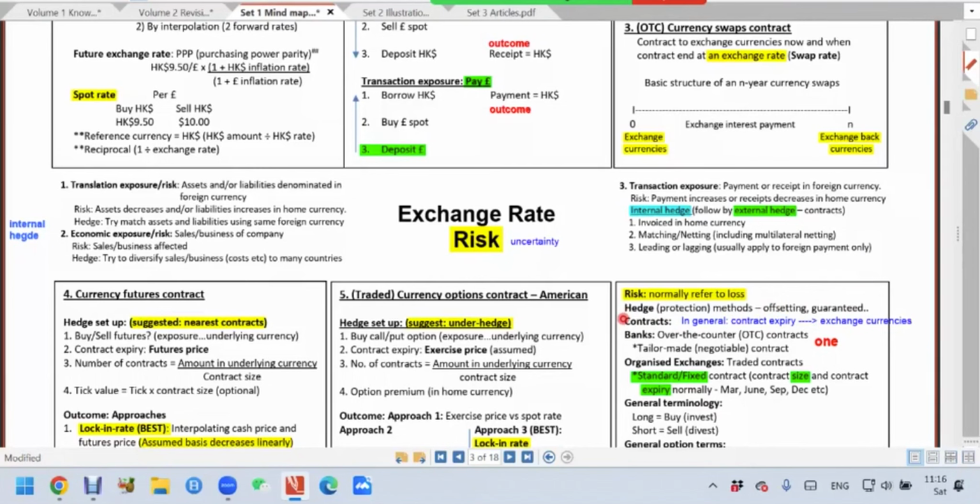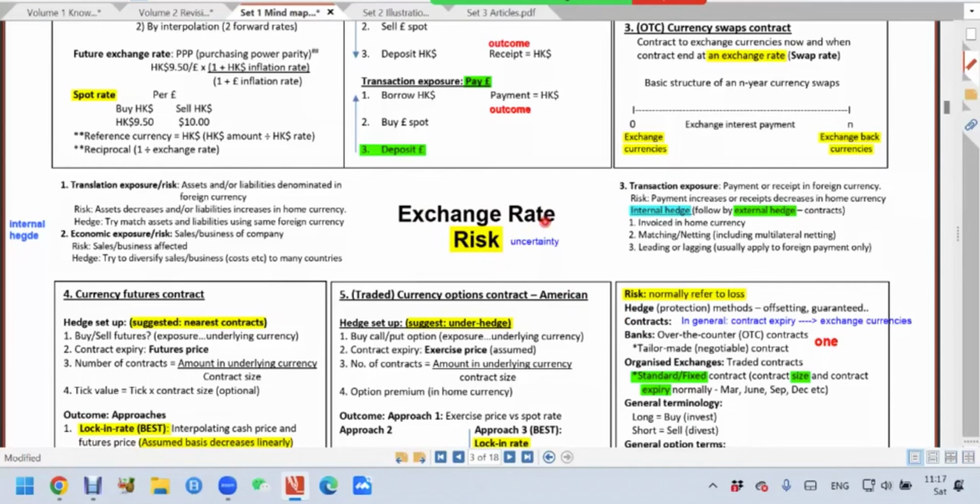Risk may be because the exchange rate changes, and the next part may be interest rate change, or it may be the share price change, or it may be your income change. How do you hedge all these things? So the question we want to ask here is, if a company is facing these exchange rate changes, what are they going to do?